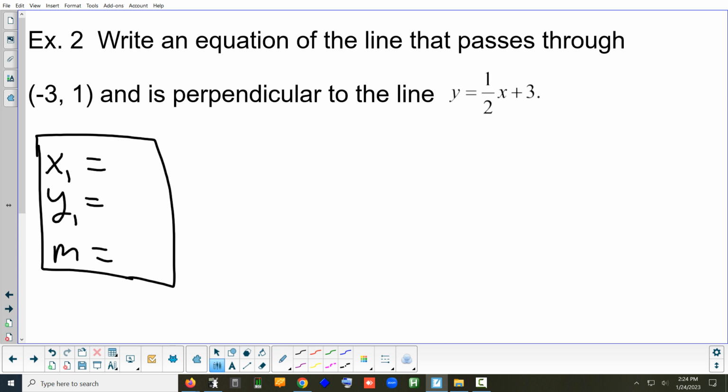Now, those are the 3 things I have to find. Over here, I'm going to put down the formula I need to use. Can someone remind me, what is our point slope formula? What's the entire equation?